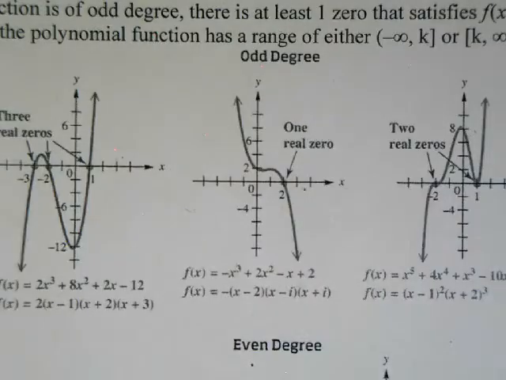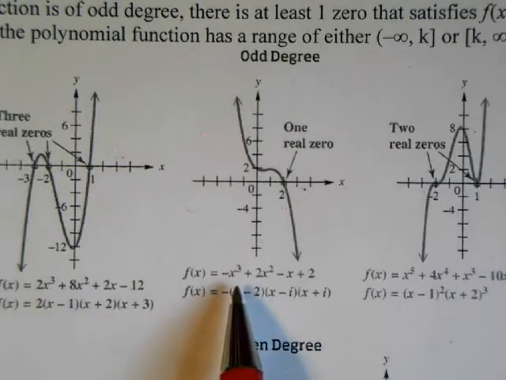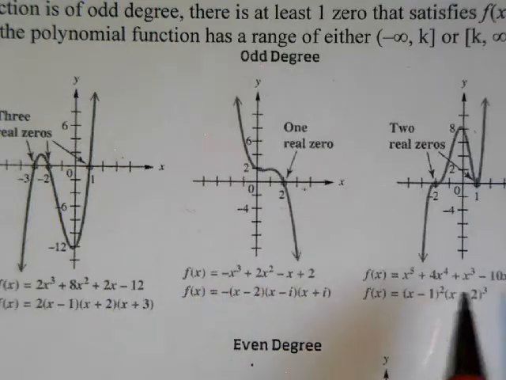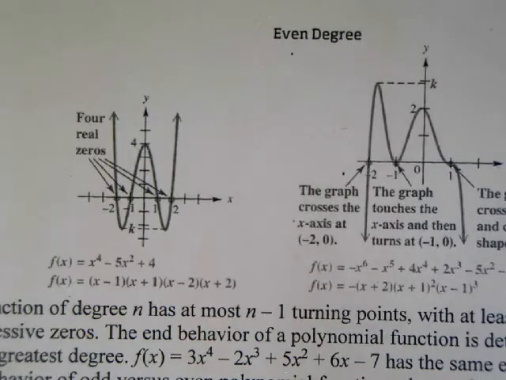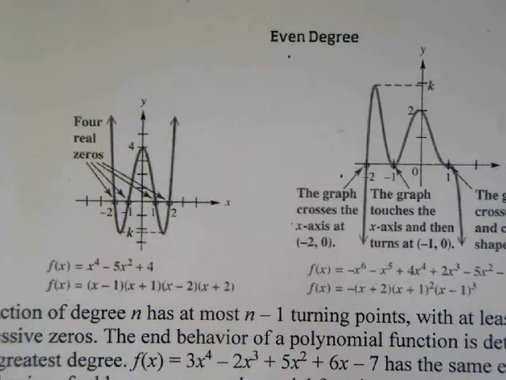Now, those 3 graphs were all with odd degree. In other words, here x cubed, that x cubed, and this one had x to the 5th. If we look at ones that have even degrees as their highest amount, so here is x to the 4th minus 5x squared plus 4, which has these as its factors, and so 4 different factors.